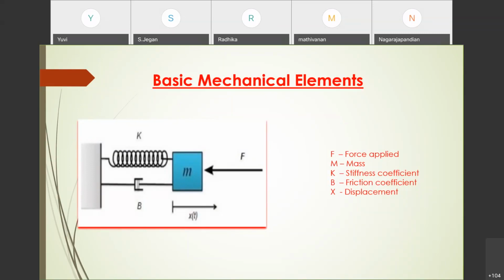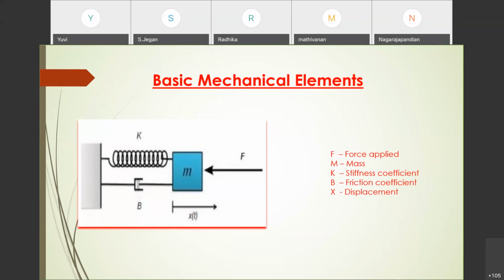Springs are stiffness elements used to store and release potential energy. When force is applied to the mass, the spring stores the potential energy from the mass and releases it back to the mass again.